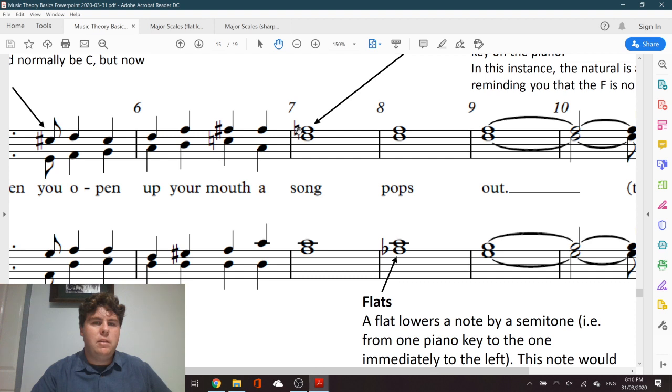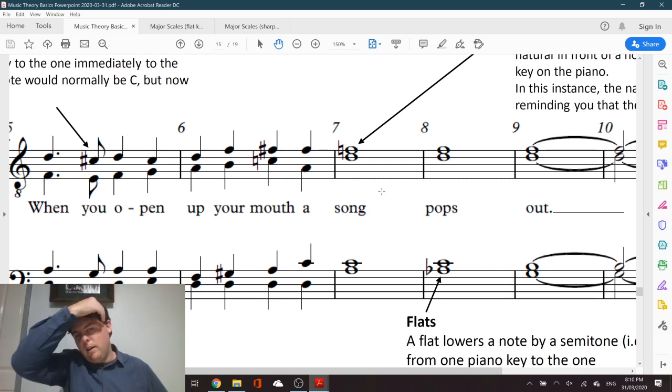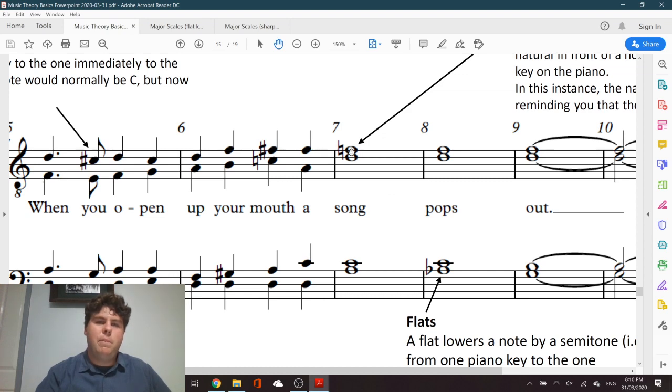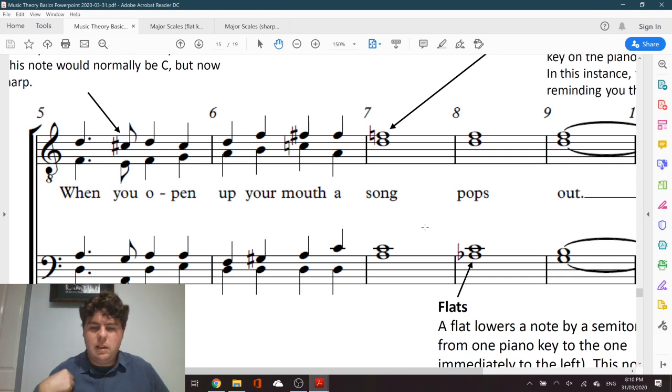I didn't put that natural there, it just sort of popped up when I wrote an F in this bar after that one had been an F sharp. I think it's nice. I mean, it is called a courtesy accidental. I think it's nice when they do that because you're like, oh yeah, this note's going from F sharp back down to F natural. That kind of helps. Some people say, no, you should just know that after the bar ends, it goes back to being normal.